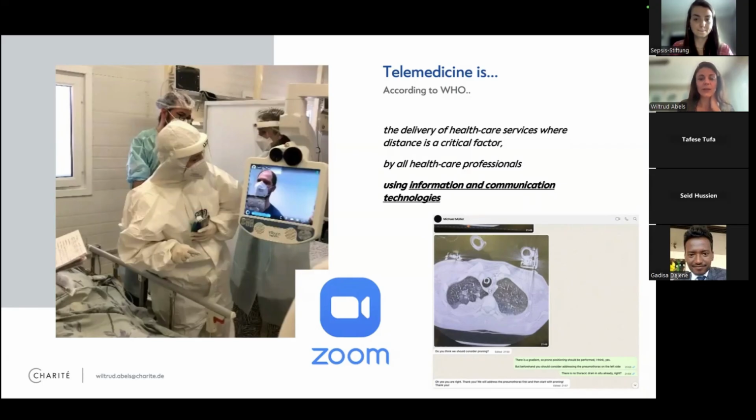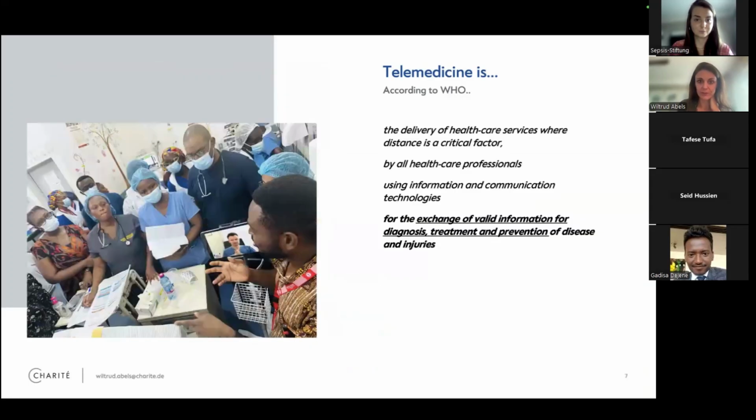So there are different technologies that can be used for telemedicine. And as I said before, while this is of course an essential part of telemedicine, there are maybe even more important parts, which is to decide what am I going to use it for, which then has a direct effect on your choice of technology.